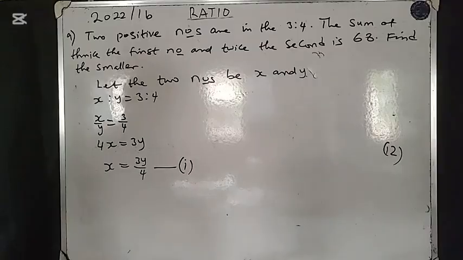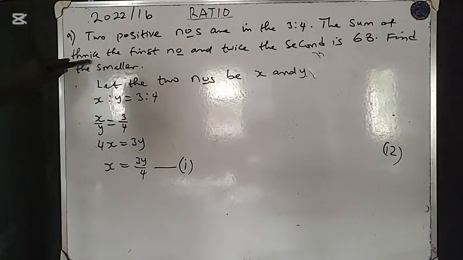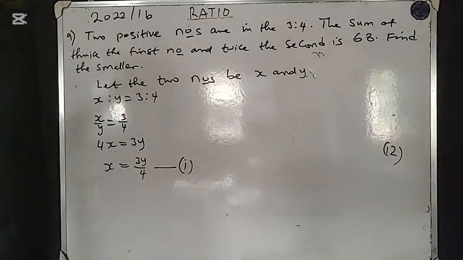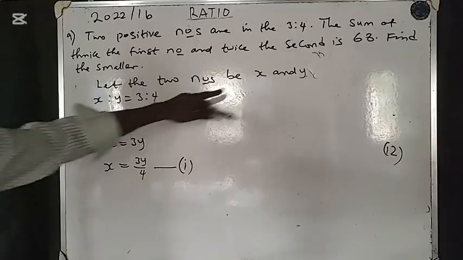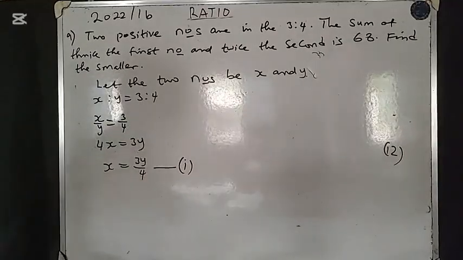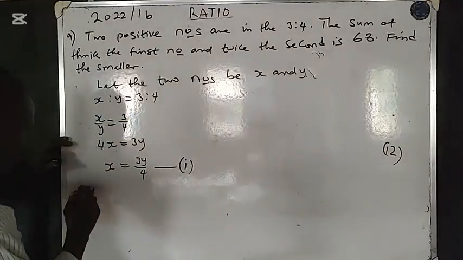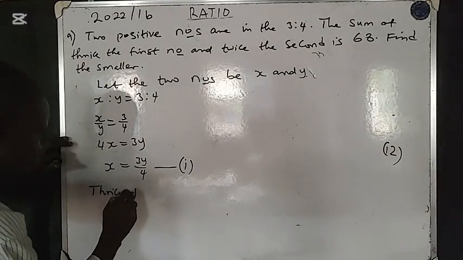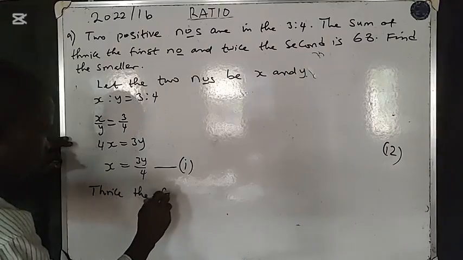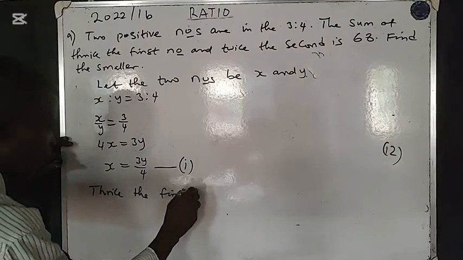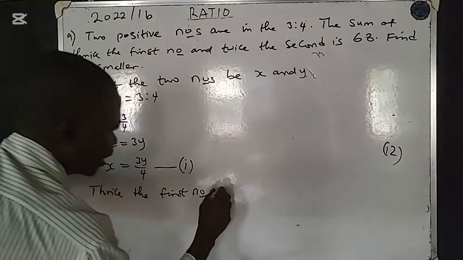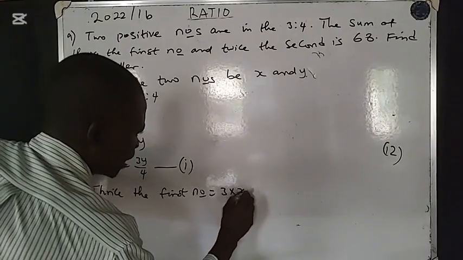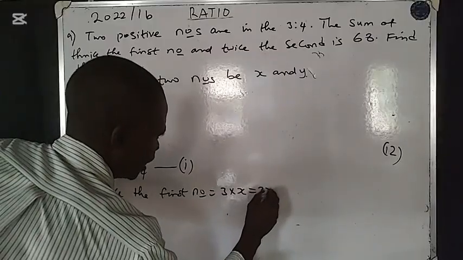Now let's move to equation 2. They mention thrice the first number. Thrice the first number will be 3 times this number, right? Thrice the first number will be 3 times x, which will be 3x.